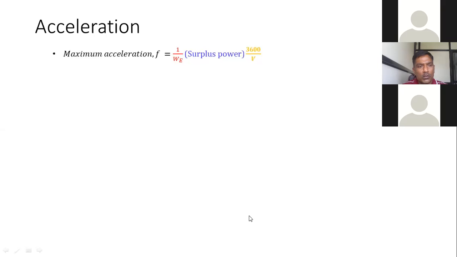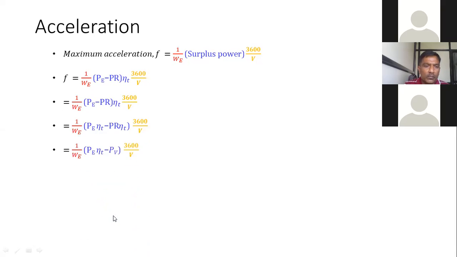Okay. So this is carried forward again. This is the formula. So yesterday already we have seen this. Okay. So here this PR is P suffix R. Somewhat it has been changed.